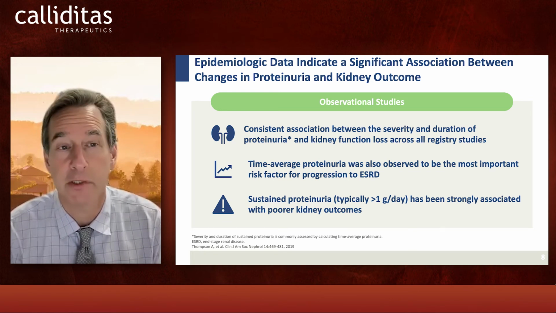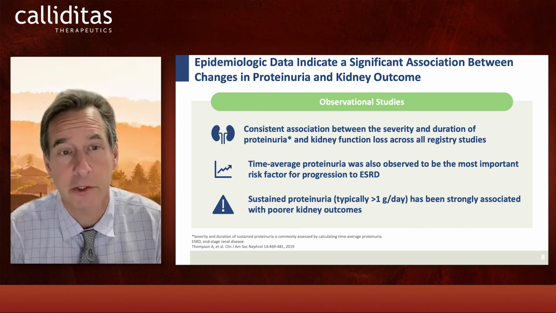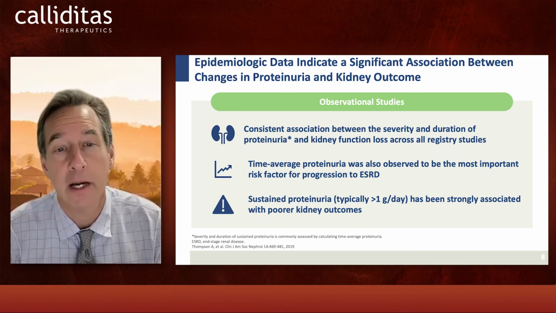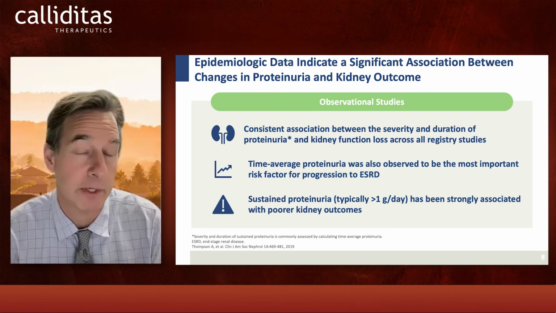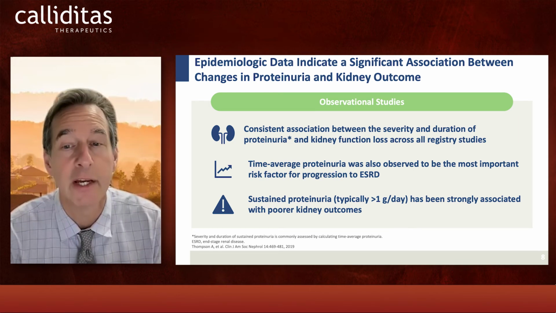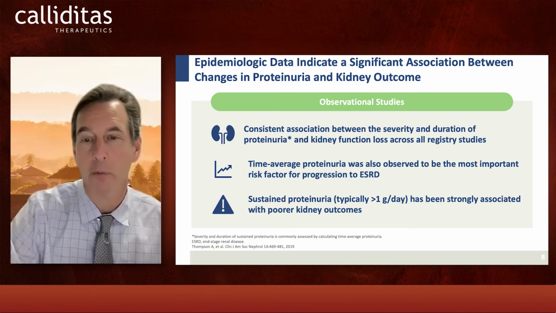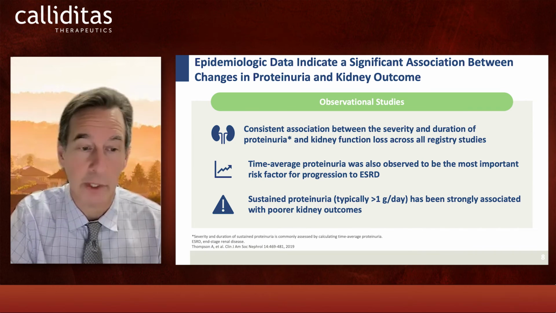So in these observational studies, there's been consistent association between the severity and duration of proteinuria and that kidney function loss. The time-averaged proteinuria was also observed to be the most important risk factor for progression to end-stage kidney disease, and sustained proteinuria, typically at that range greater than 1 gram per day, has been strongly associated with poor kidney outcomes.